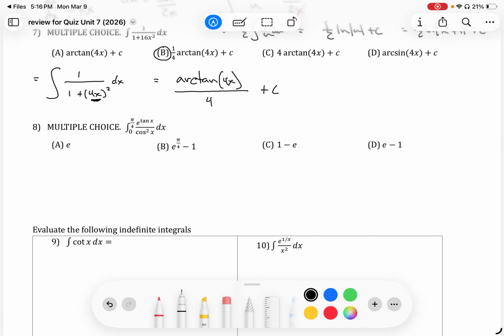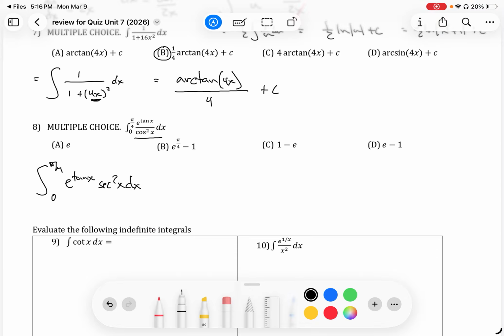Okay, here I've got a bit of a definite integral. So I need to think through this a little bit. What I'm thinking is that I've got a tangent and I've also got a cosine squared in the denominator. But another way to write that would be 0 to pi fourths times e to the tangent x secant squared x dx, right?